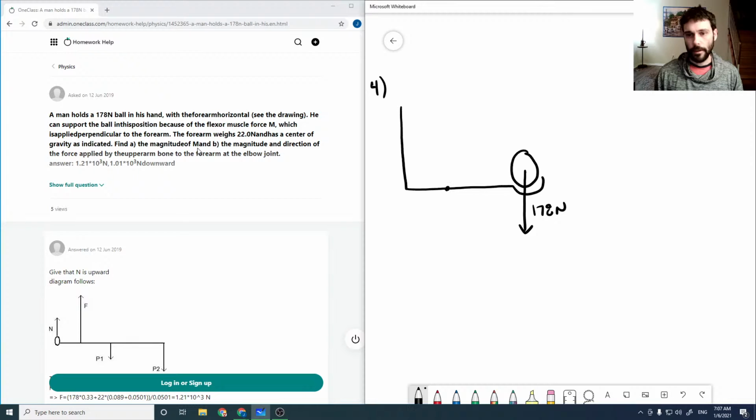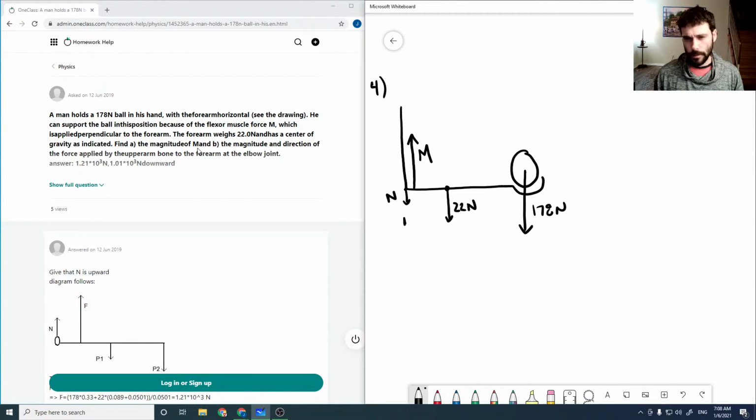The center of gravity of the arm is about here, and the arm weighs 22 newtons. The muscle in the arm pulls up about here and is labeled M. And then the arm bone would also apply a normal force.